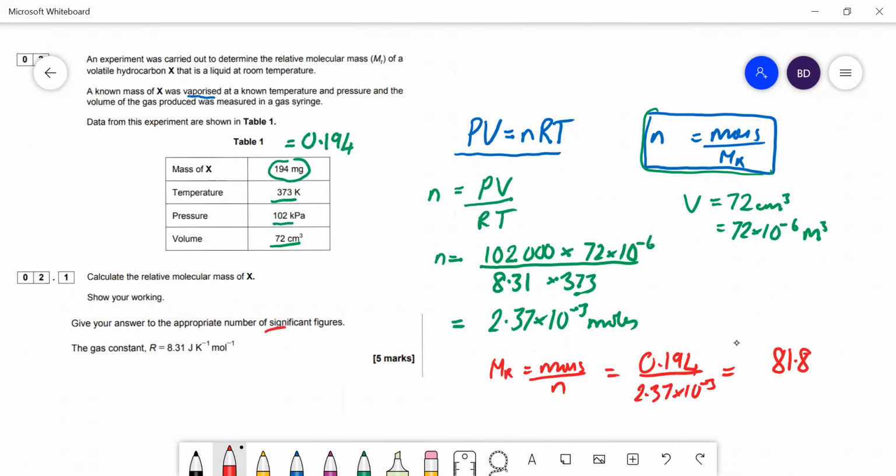Now, significant figures. We should give it to 2 significant figures because the volume is only given to 2 significant figures, so we shouldn't give it to 3. So our answer should be 82. You always give your answer to the number of significant figures of the least accurate bit of data, which in this case is the volume, because that's only given to 2.